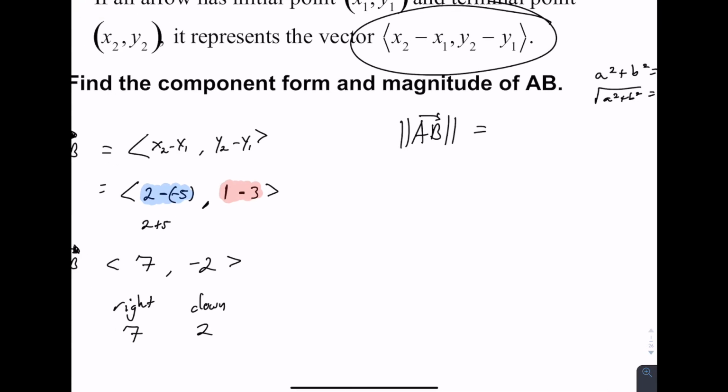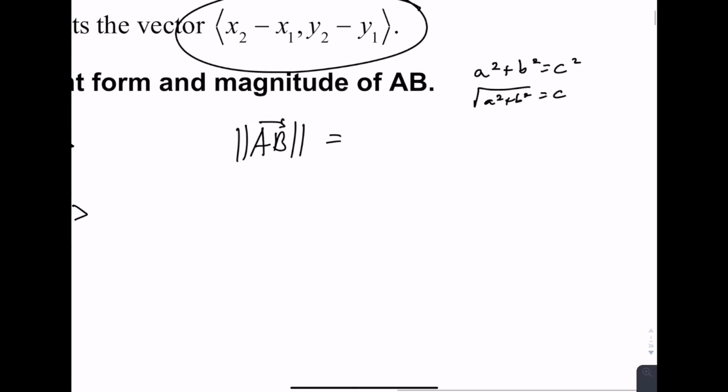So, and check it out. Here's your a and here's your b, but make sure it's the negative version right here. So here's a and here's b. So then what you need to do is you will take the square root of a squared plus b squared, or in other words, the square root of 7 squared plus -2 squared.